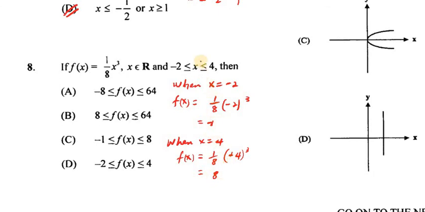So when I substitute this value, I got minus 1. When I substitute this value, I got 8. So I'm looking for negative 1 is less than or equal to f of x is less than or equal to 8, and the answer for that would be C.